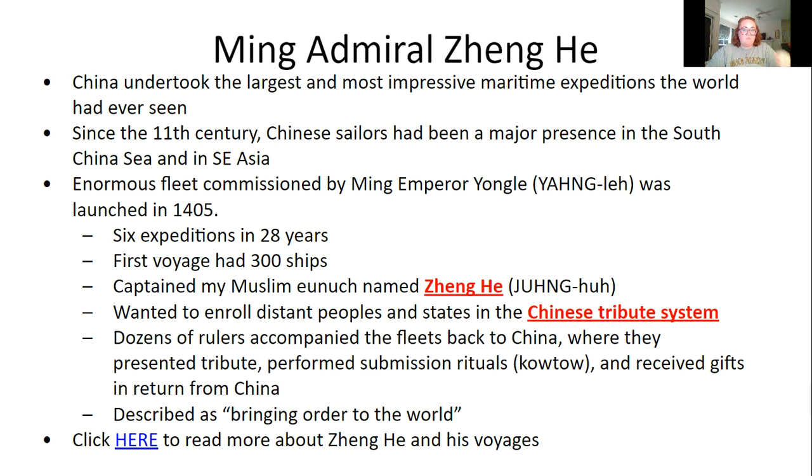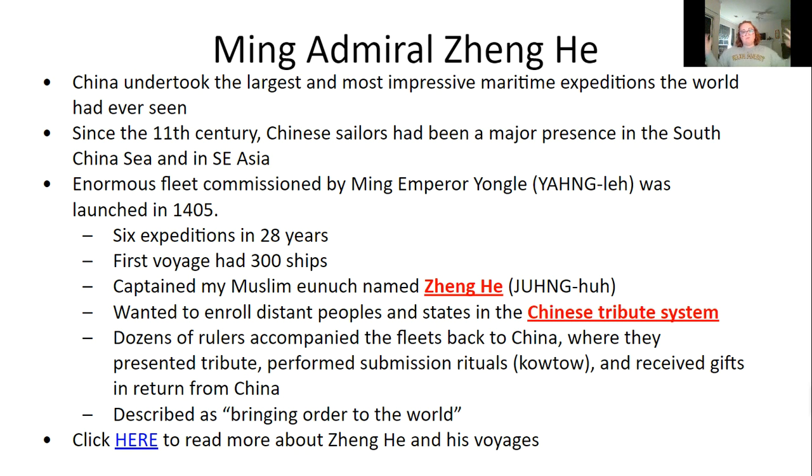It was captained by a Muslim eunuch named Zheng He. Sorry, I was reading. Anyway, he wanted to enroll distant peoples and states into this Chinese tributary system. So there were dozens of rulers that accompanied the fleets back to China, and they would present tribute to the emperor.